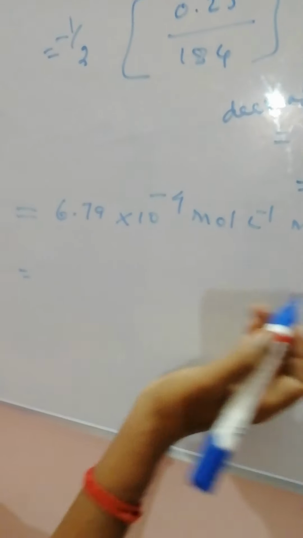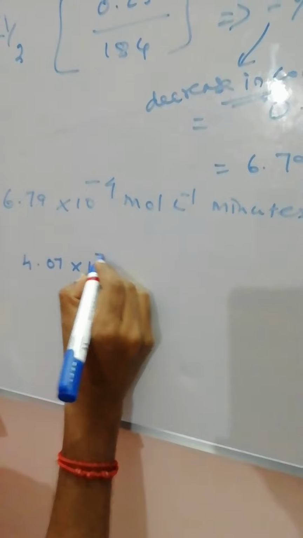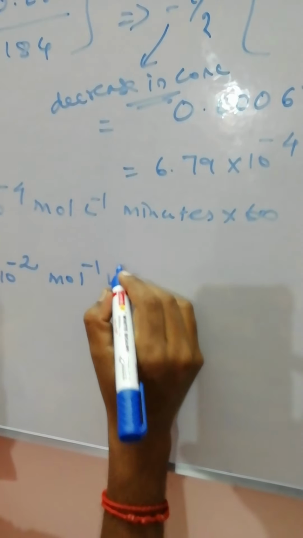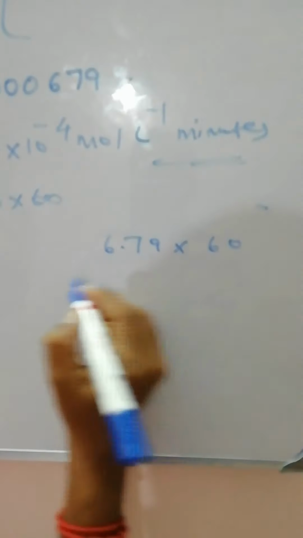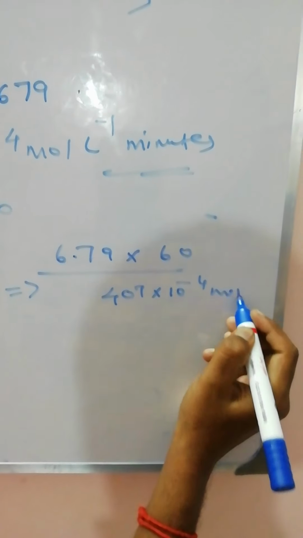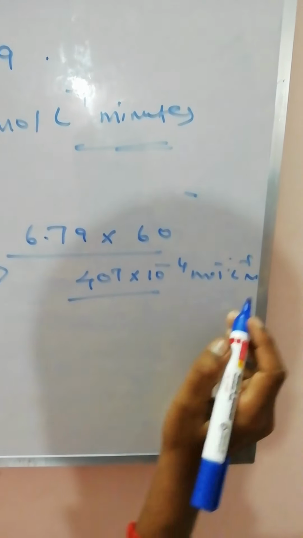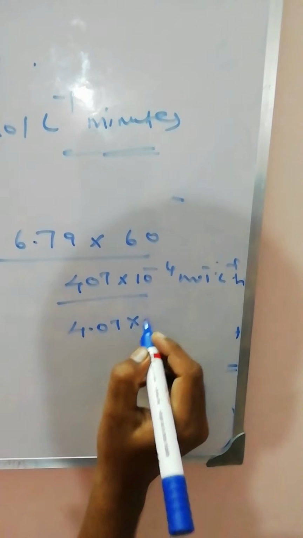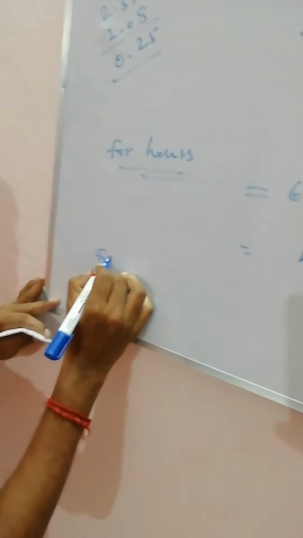You get 4.07 into 10 to the power minus 2 mole per liter per hour. Next one is for seconds.